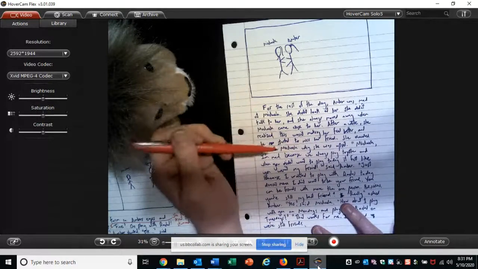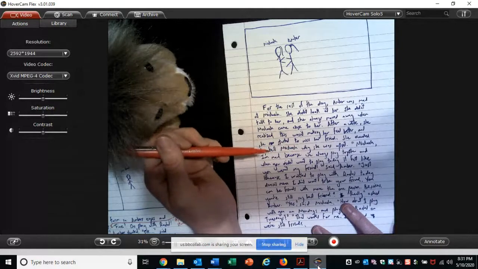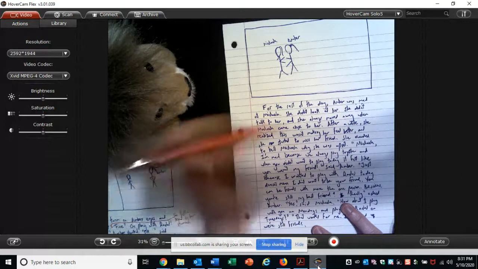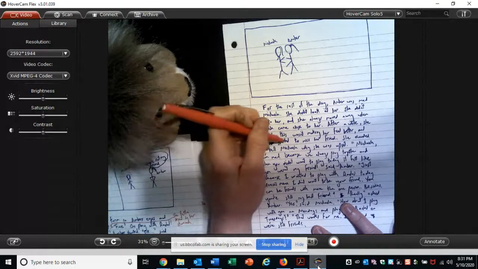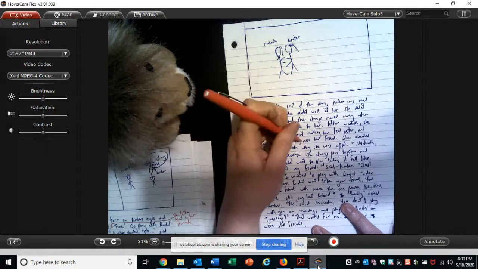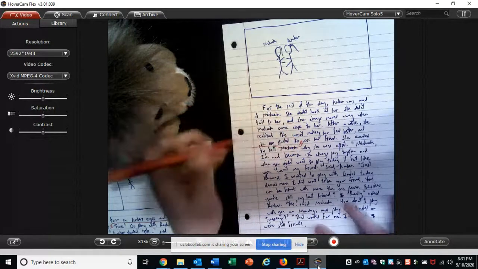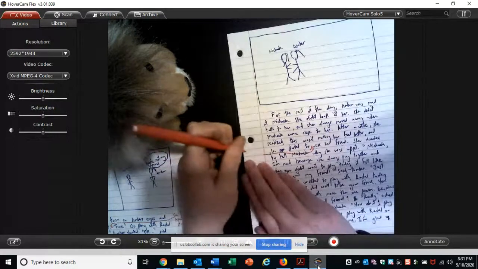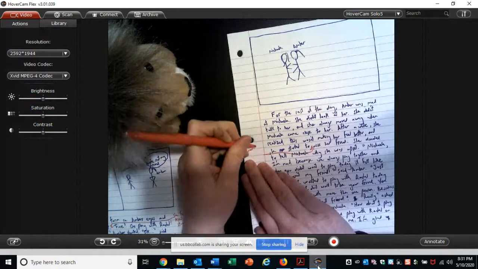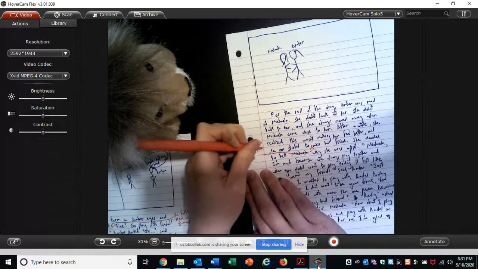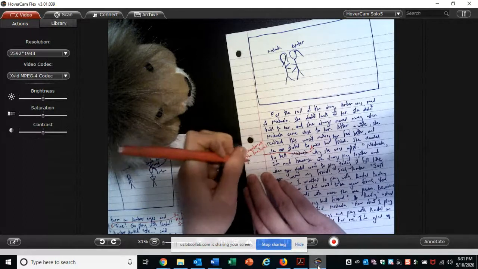She started to think about all the fun times she and Michaela had, and then she started to miss her friend. So I'm going to put a little caret here. It's like a little arrow. And I'm going to add a line, and I'm going to say she started to remember all the fun times she and Michaela had had.